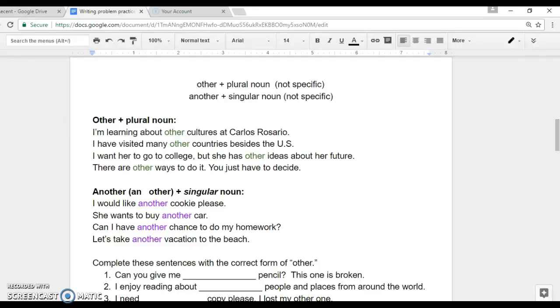And what happens here is simply that we put an with other to make a singular adjective that goes with a singular noun. Examples. I would like another cookie. This is just an plus other. It just happens to go together as one word. She wants to buy another car. Can I have another chance to do my homework? Let's take another vacation to the beach.